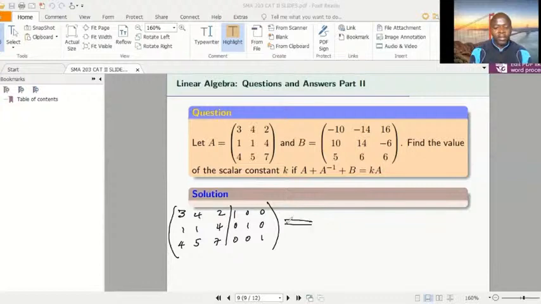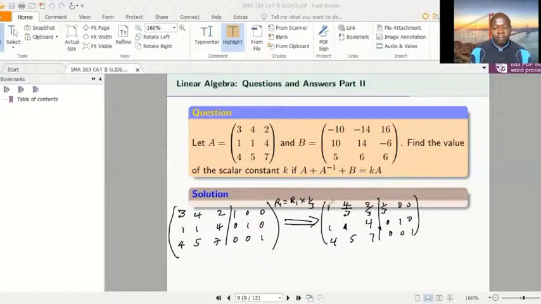Now, the first thing I want to do is create a 1 in this position, so row 1 should now be the original row 1 times a third. And when that happens, I have 1, 4 out of 3, 2 out of 3, a third, 0, 0. Then this other one I will not touch anything: 4, 5, 7, 0, 0.